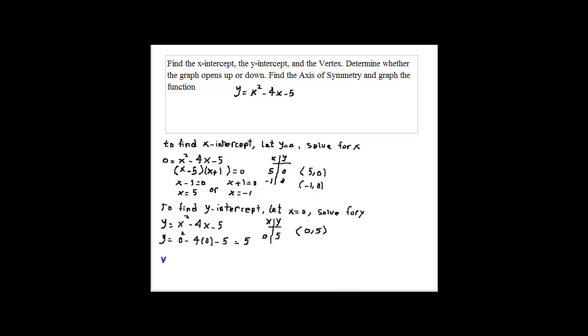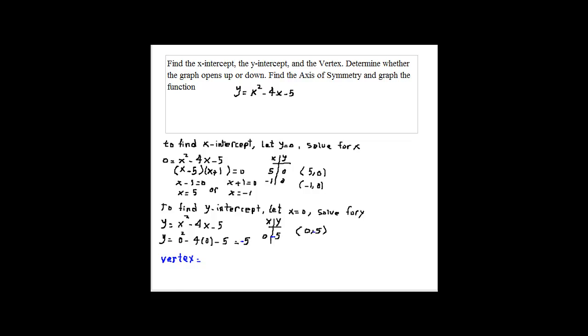Let me go back to Chris. Chris, can you tell me the formula to find the vertex? Just to clarify though, is it 0 and 5 or 0 and negative 5 for the y-intercept? Very good, you caught the mistake. It would be negative 5. Thank you. That is absolutely correct. That would be minus 5.